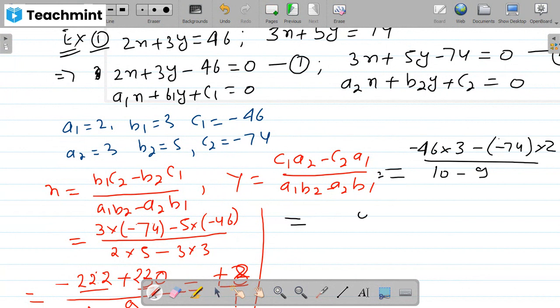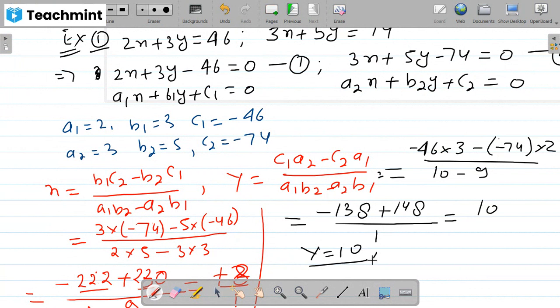And here 3 6 ja 18, 3 4 ja 12, 1 13, minus, and here minus minus plus 2 4 ja 8, 2 7 ja 14, and there are the 1, and after subtracting these numbers, 148 to 138, these are the 10, so the y value is 10, and the value of x is 8. In this way we can find the value of x and y.